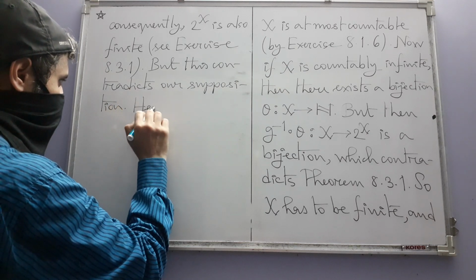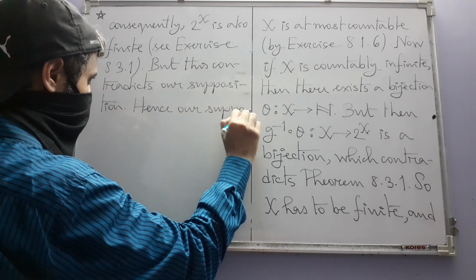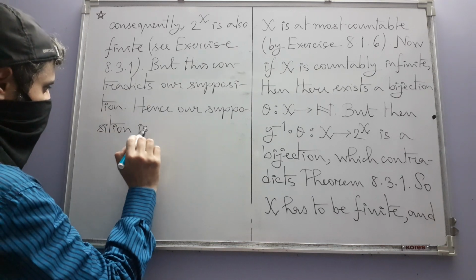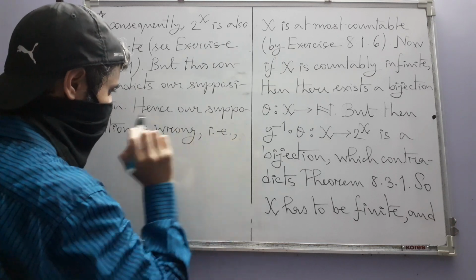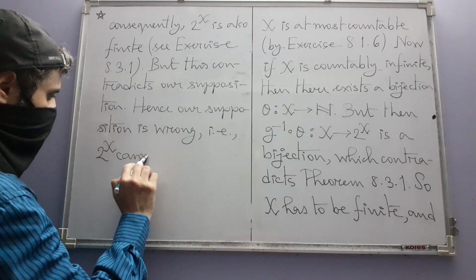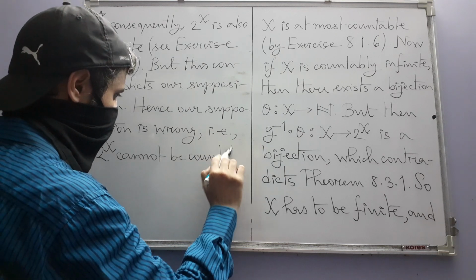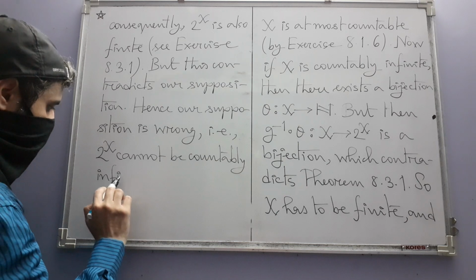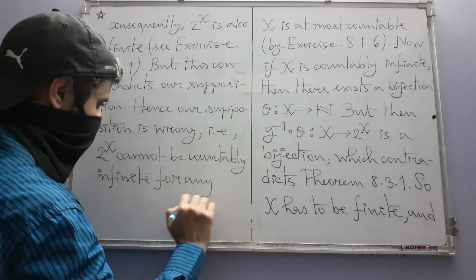Hence, our supposition is wrong. That is, this cannot be countably infinite for any set x.